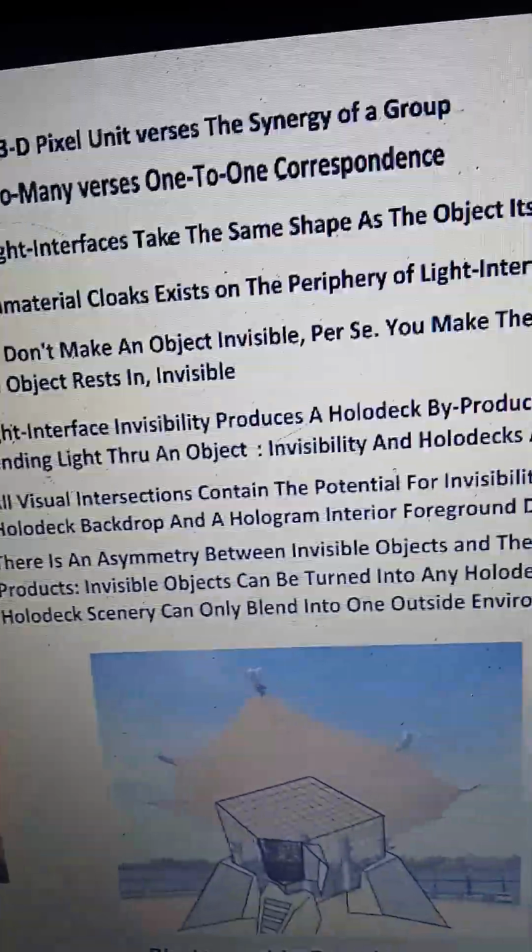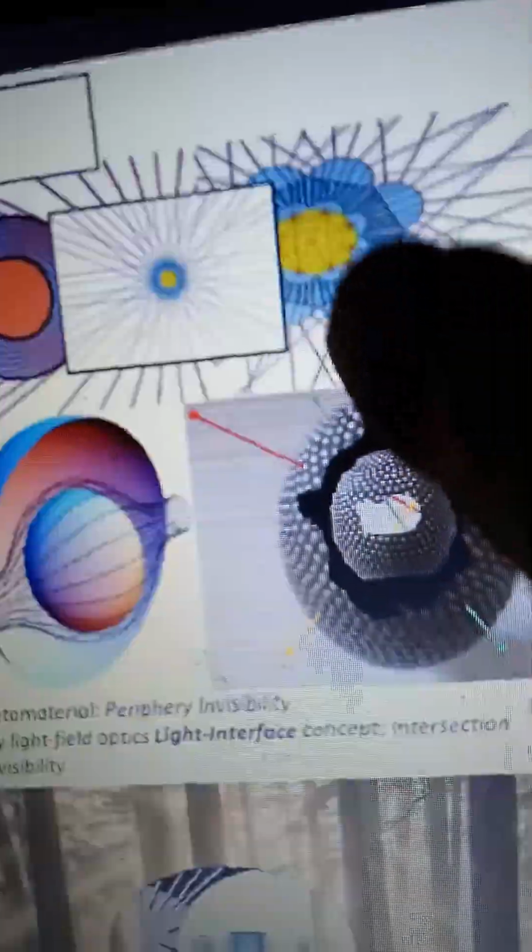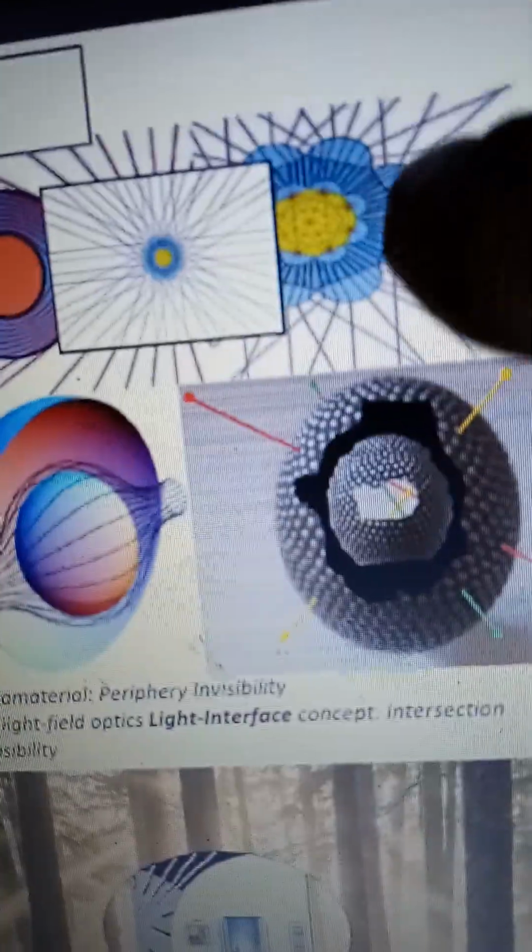Metamaterial cloaks exist on the periphery of light interface optics. This shows a light interface cross section, and this shows a metamaterial cloak.